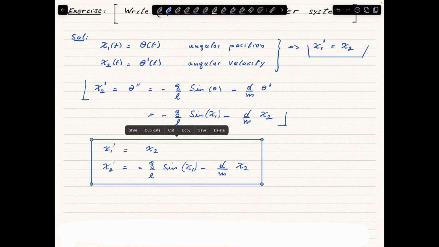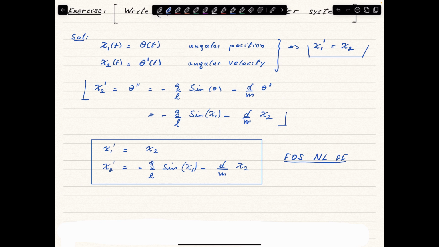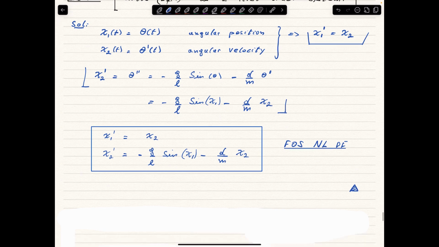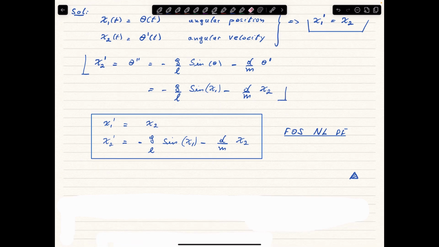So it is a system of first order nonlinear differential equations. It is a first order system, which is nonlinear because of the sine. Okay, so this is the system we need to study. It has a few constants, g over L and d over m.